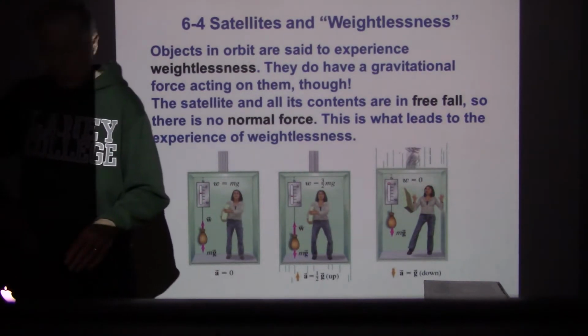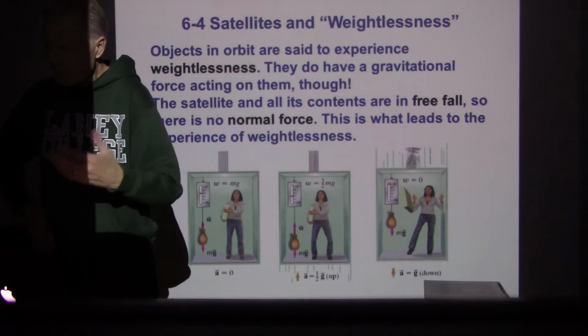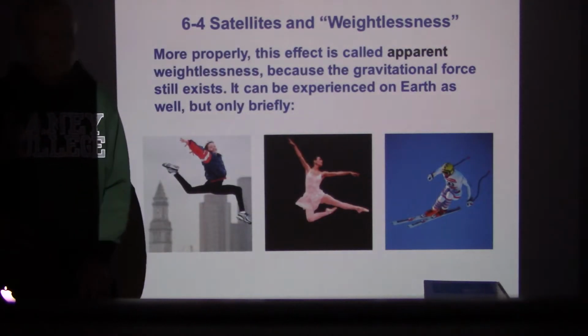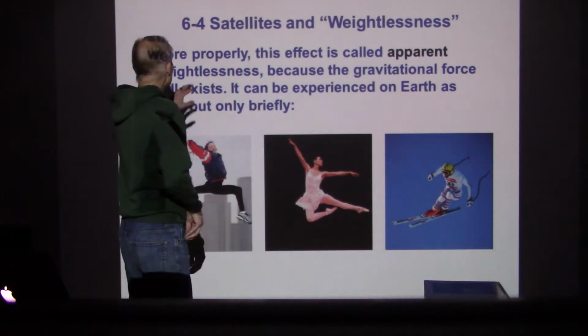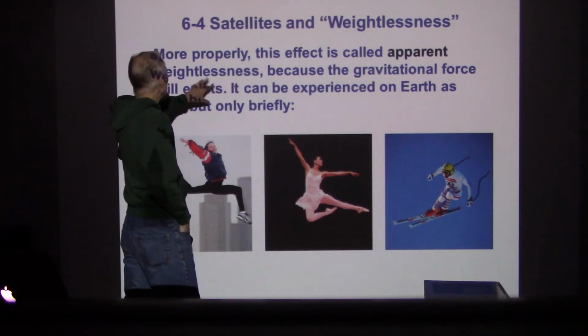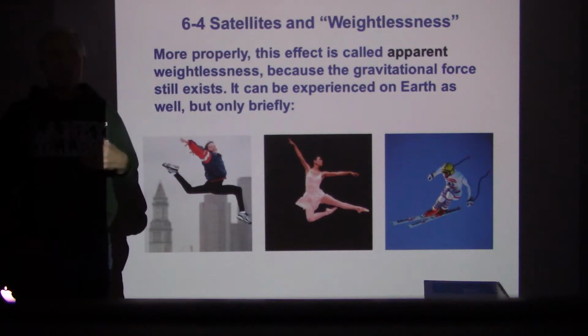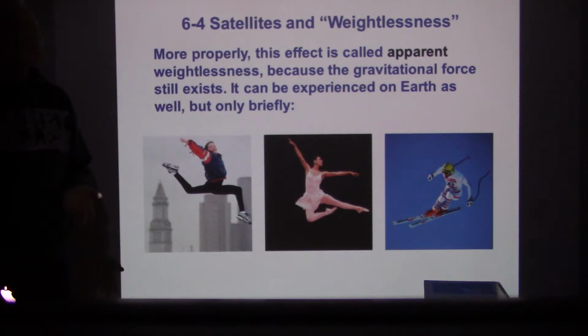All right, so that's what they're calling weightlessness here. They go on to say that more properly this effect is called apparent weightlessness. This is an apparent lack of gravitational force, because the normal force is really gone. You don't need a normal force anymore.